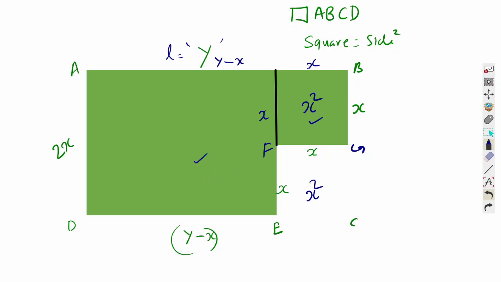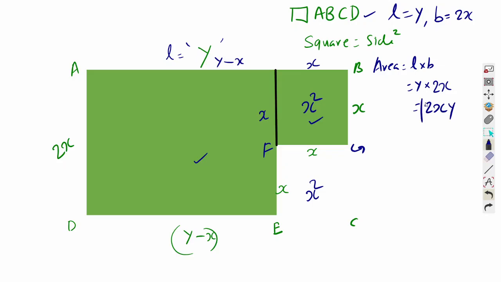Originally it was ABCD having a length equal to y and breadth equal to 2x, and the area of ABCD will be equal to length into breadth, that is y, which is the length of the given rectangle, and 2x, which is the breadth. So 2xy is the original area of the rectangle ABCD.